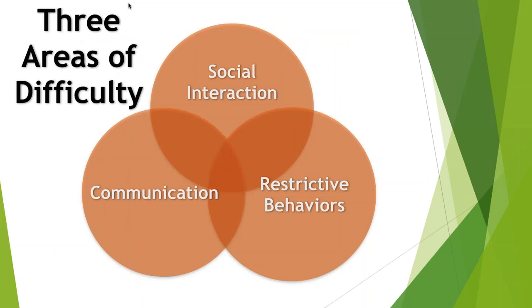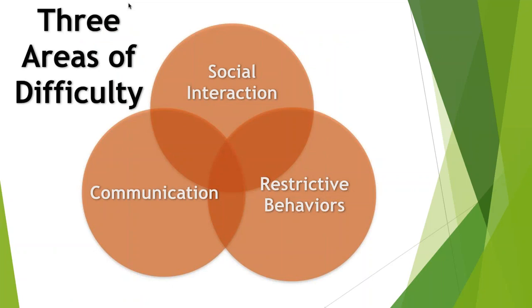Then I wanted to talk about the areas of difficulty. When we talk about people who have autism spectrum disorder, it's what's called a hidden or an invisible disability. Oftentimes, folks with autism spectrum disorder look like anybody who does not have it. Just by looking at them, you wouldn't be able to say that person has autism spectrum disorder.